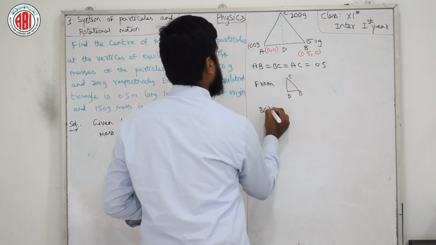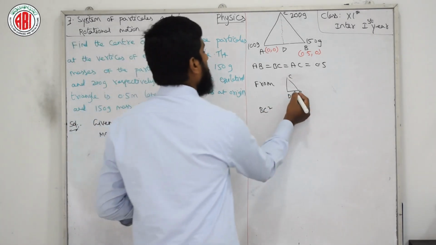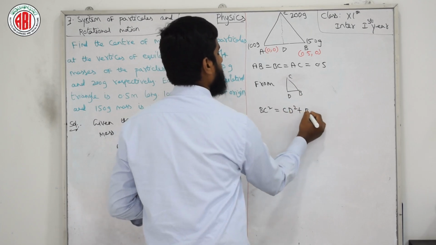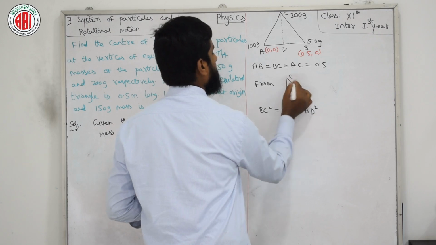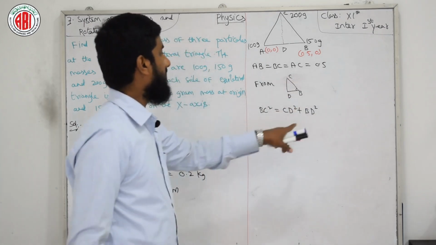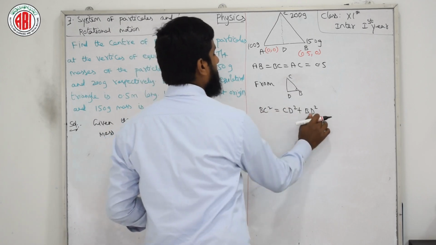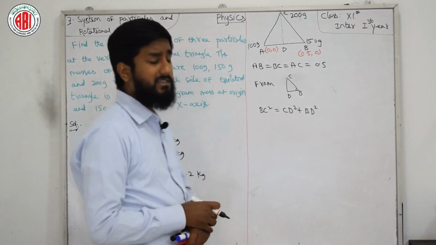BC square, this is the hypotenuse, is equal to CD square plus BD square, isn't it? I am considering this angle as theta, so that the opposite side becomes this. So from triangle BCD, BC square is equal to CD square plus BD square, but I want only CD square.